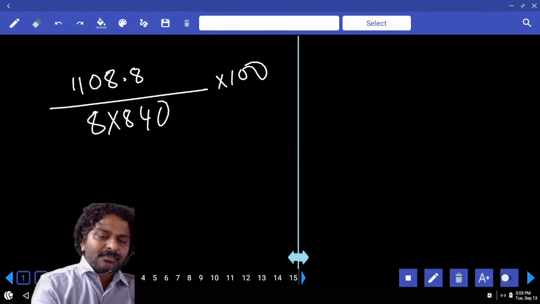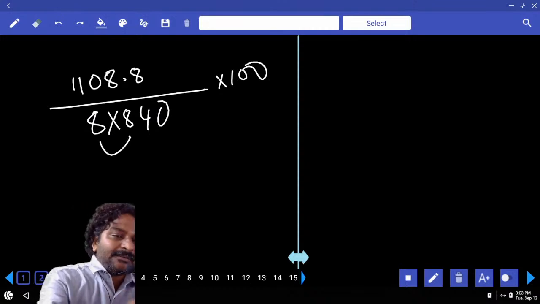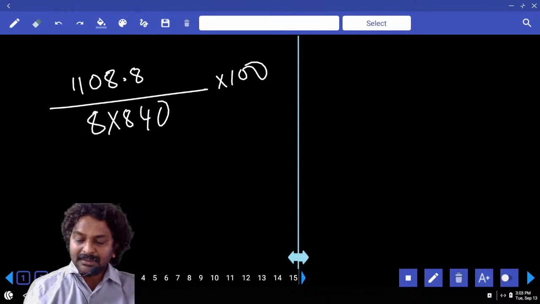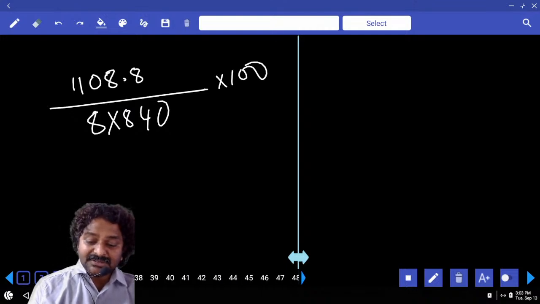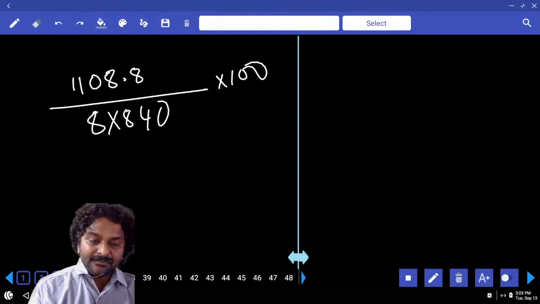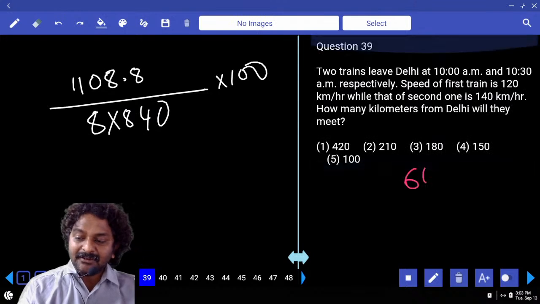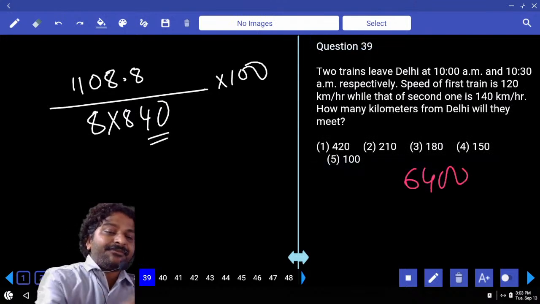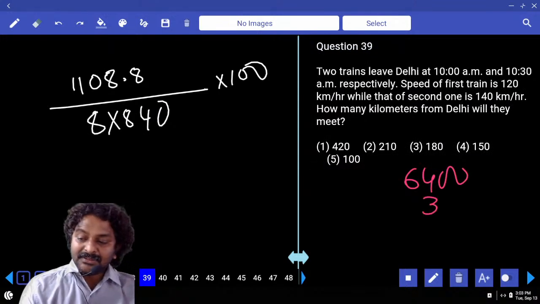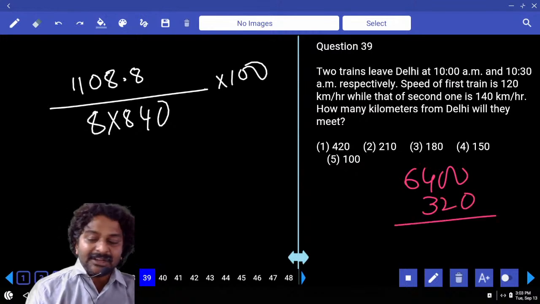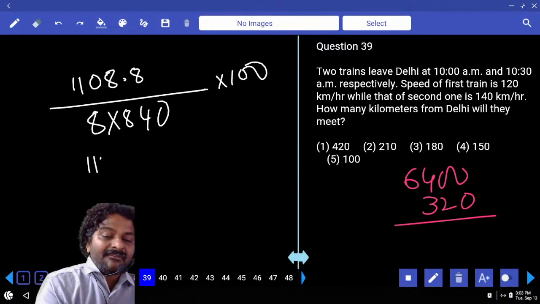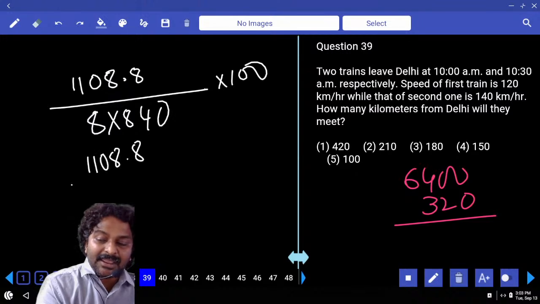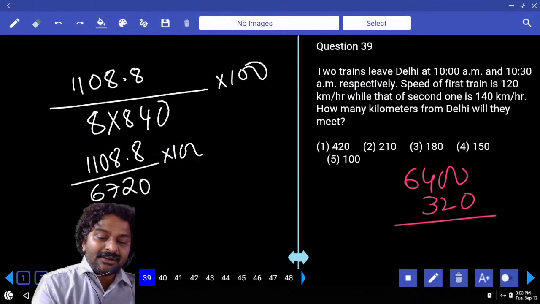Correct? 8 times of 800, how much? 6400. 8 times of 40 is 320. So how much is the total denominator? 1108.8 is calculated on 6720. Percentage into 100 only.